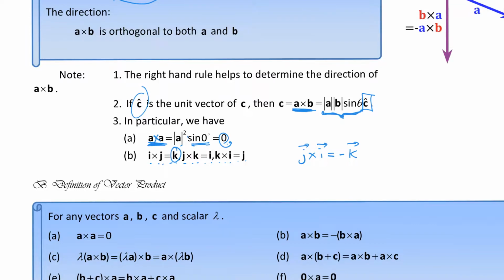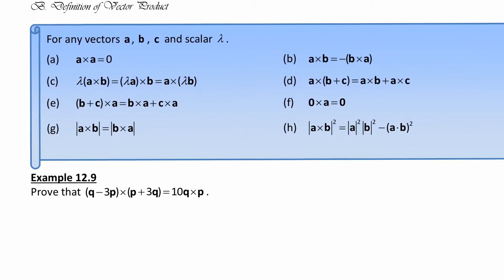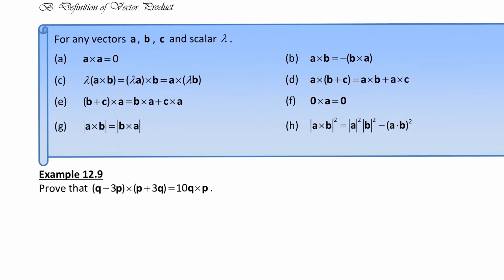Here are several properties we need to remember related to this vector product. I mentioned before, A cross A is equal to 0, and A cross B is equal to negative B cross A. It is because according to the definition, the magnitude of A cross B must be equal to the magnitude of B cross A, because both equal magnitude A times magnitude B times sine theta.